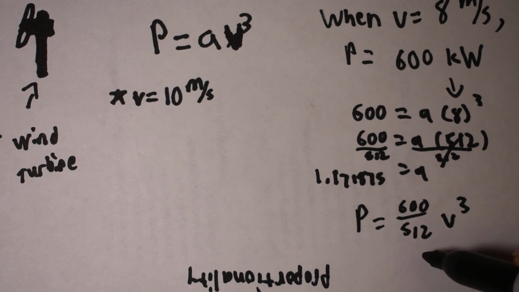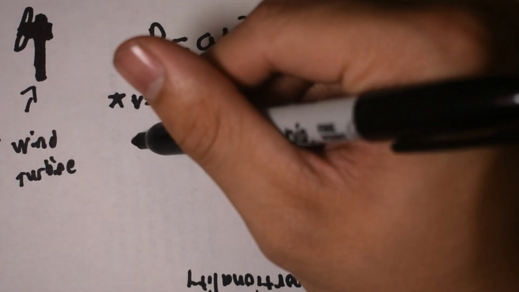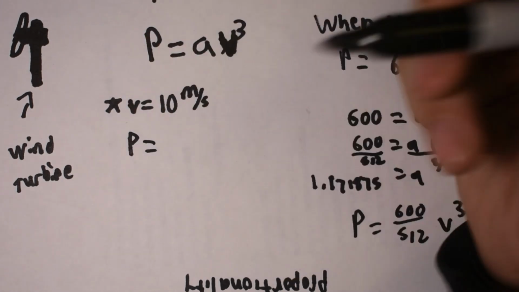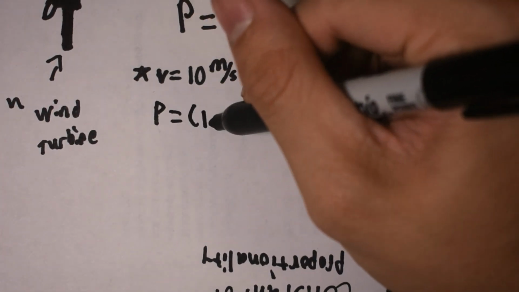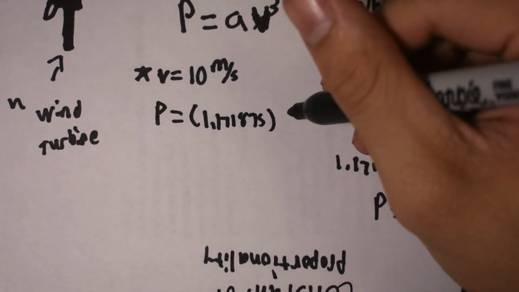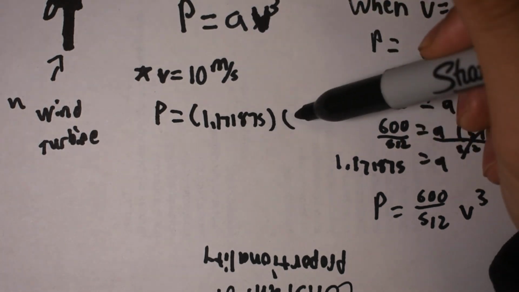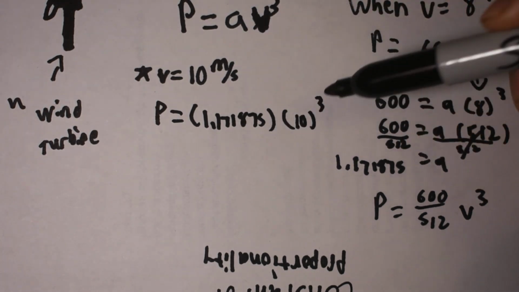So now that we have our constant of proportionality, we can just go ahead and plug this right in. So we have P equals, what is it? 1.171875 times our wind speed, v, which is 10, and that is going to be cubed.